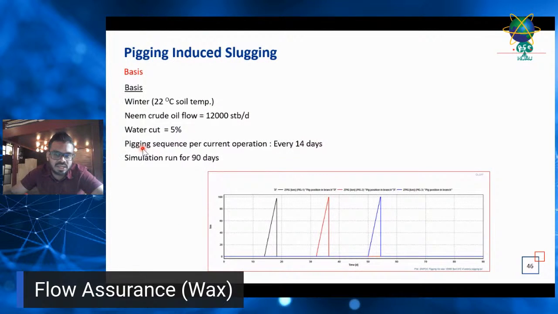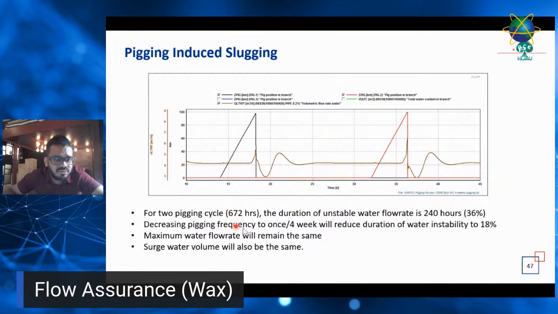So let's look at the liquid management side. By decreasing the pigging frequency to once every 4 weeks, it will reduce the duration of water instability by 18%. That has added value to operation, because this can in turn be converted into dollars and cents.